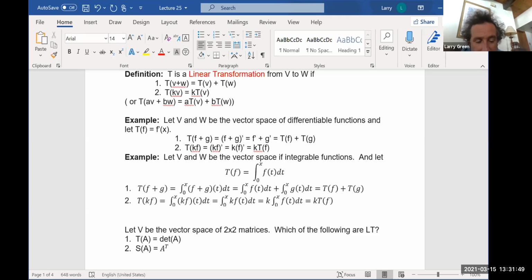And how about another one? Third. Let's see, S and T we got. Let me get another letter. How about R of A is equal to the trace of A. Okay.